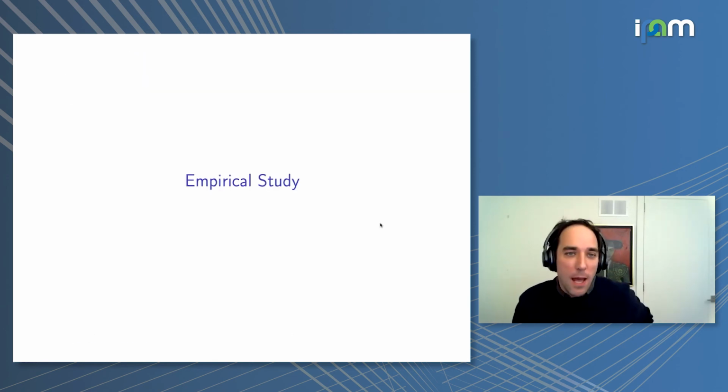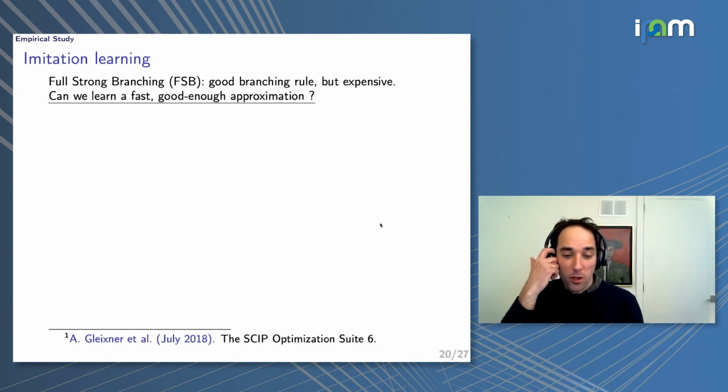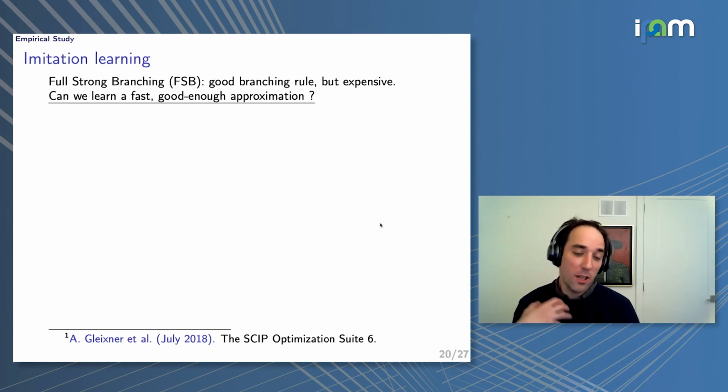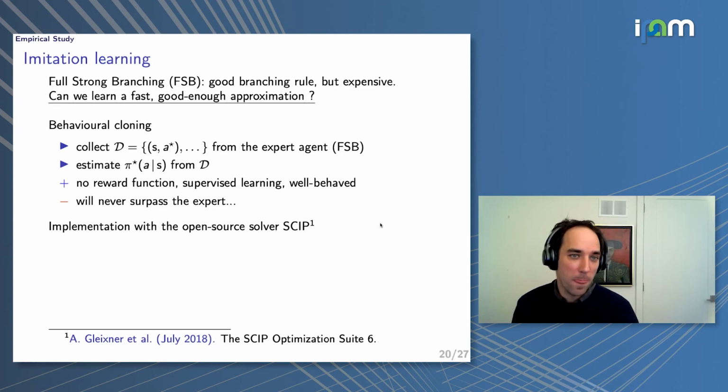Okay, so the empirical study, some results. First, because we are training using imitation learning, we need an expert. For the expert, we chose full strong branching, which is a really good branching rule, right? If we could imitate it, that would be great, but it's also very expensive. So if we could imitate it with a fast neural net, that could lead to interesting improvements.